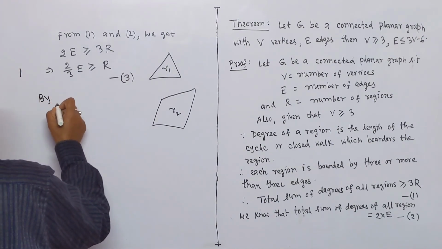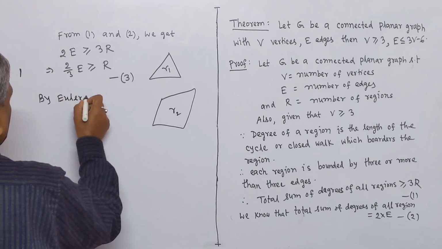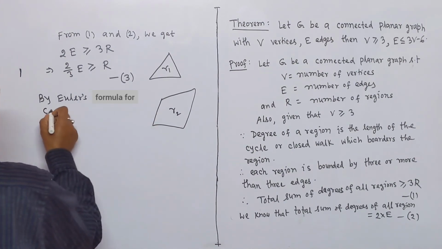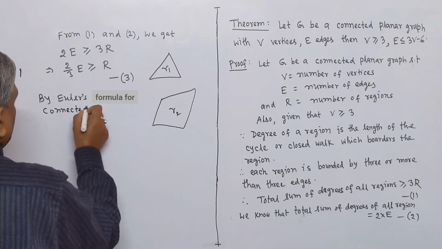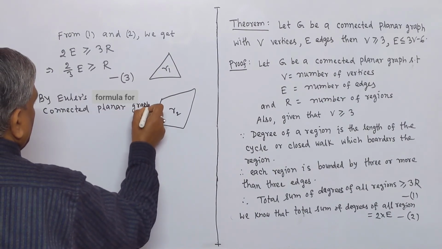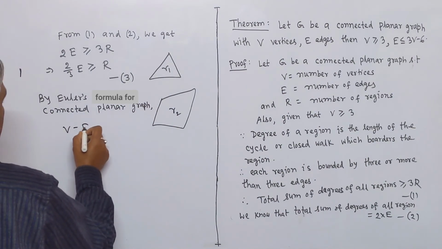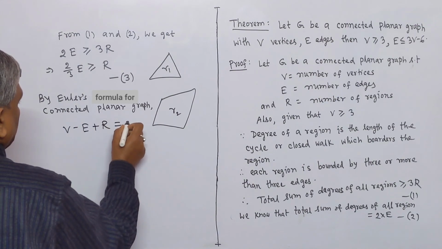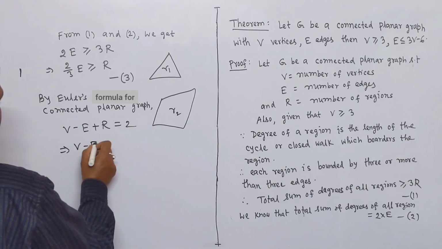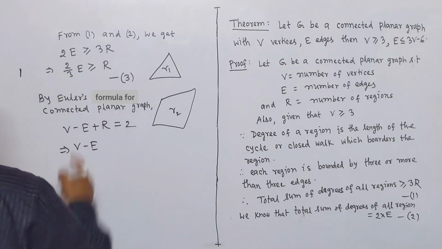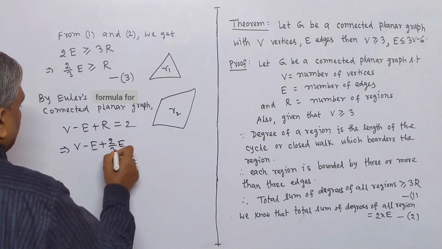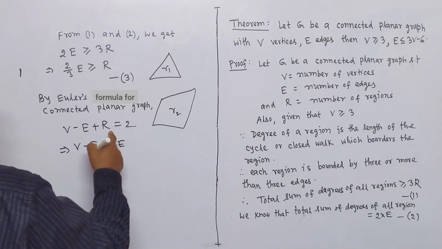By Euler's formula, for a connected planar graph, V minus E plus R equal to 2 implies that V minus E, here R is less than or equal to 2 by 3 E. If in place of R we write 2 by 3 E, then it will be greater.